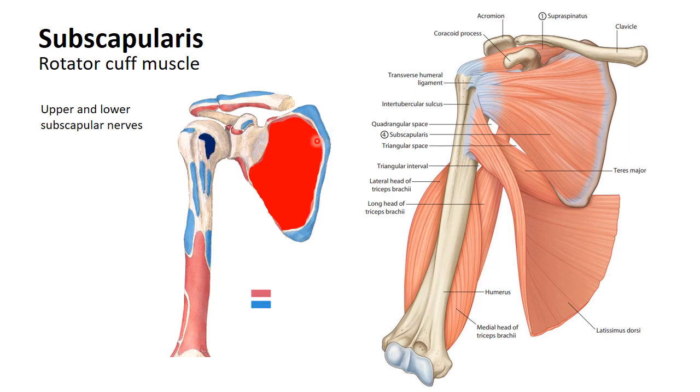It is innervated by two nerves, upper and lower subscapular nerve, and acts as a medial rotator of the shoulder joint. And as it is one of the rotator cuff muscles, it stabilizes the shoulder joint.